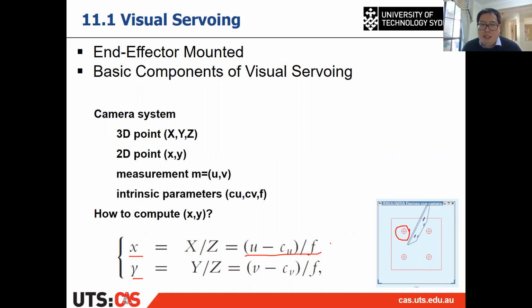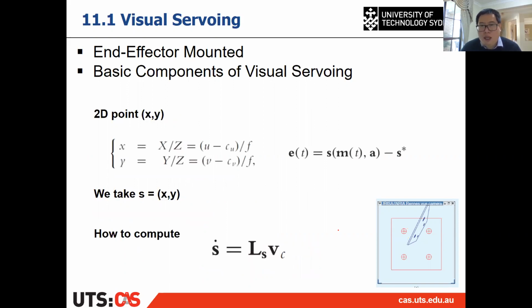So that is the small x with the real scale, not the pixels. And for y we do v minus c_v, which is the principal point on the y direction, the v coordinate, divided by f as well, right? So we can use this equation.